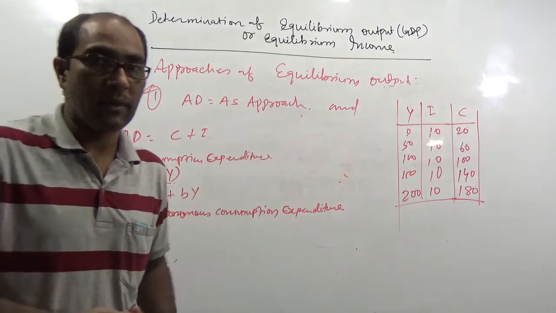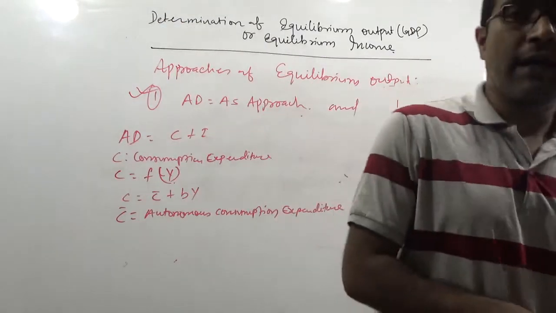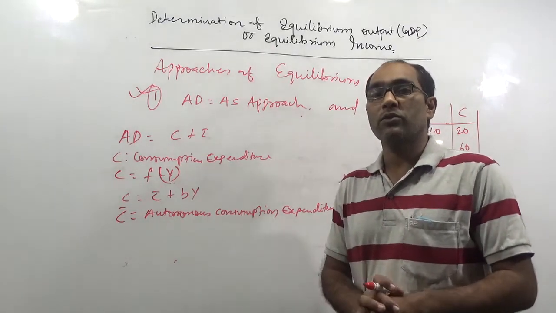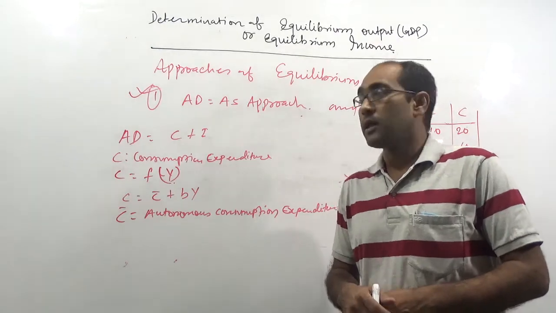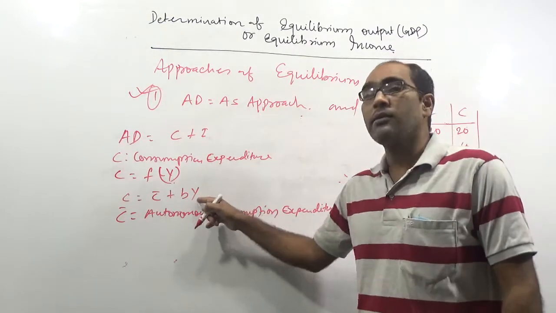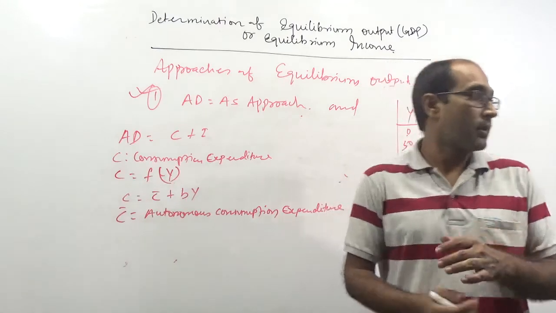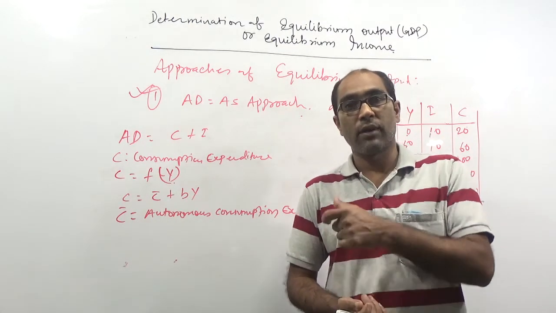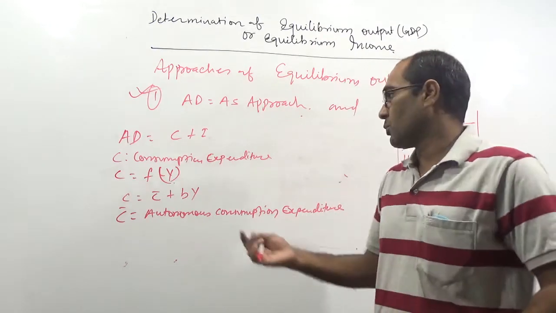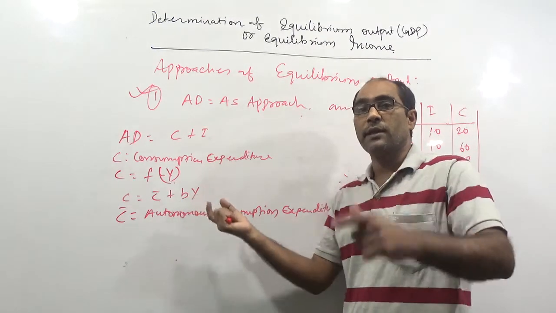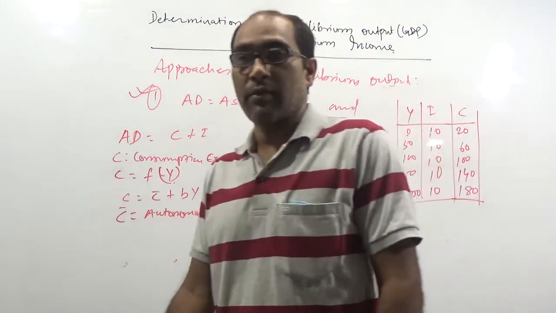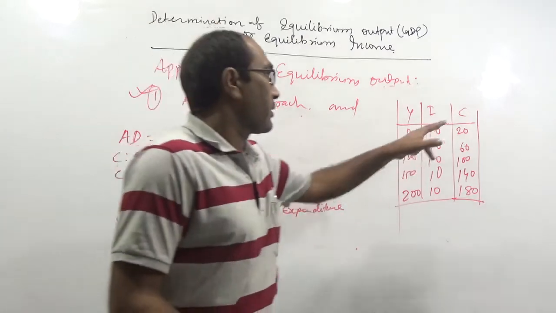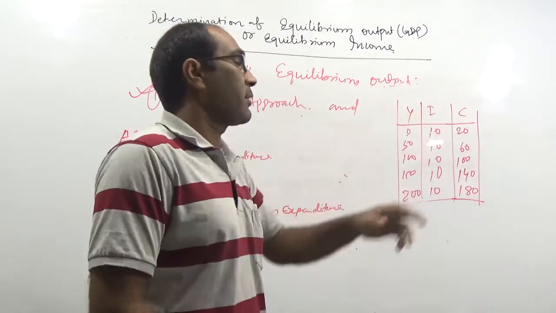Even at the zero level of income, the economy has to spend equal to autonomous consumption. Again, the other segment is bY. B stands for MPC, that is marginal propensity to consume, and Y is the level of income. This portion of consumption expenditure depends on level of income, and we assume that there is a linear relationship between consumption expenditure and level of income.